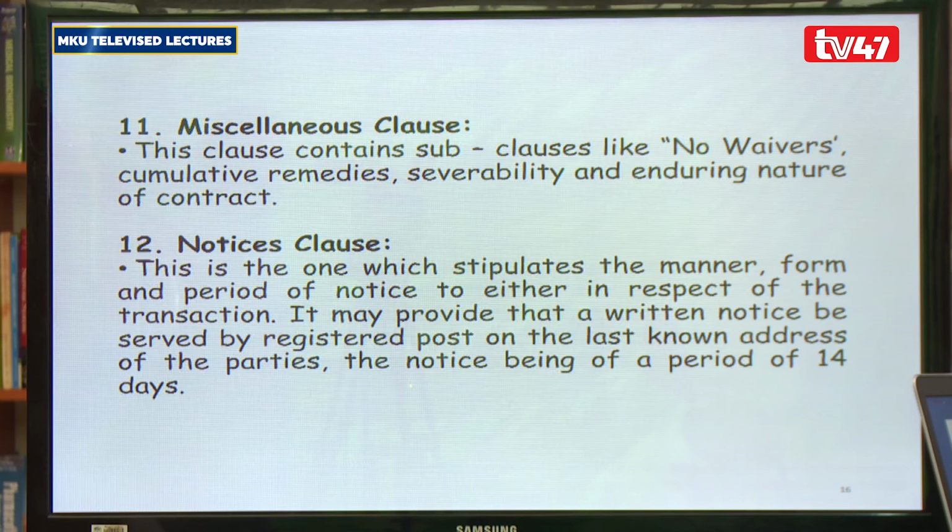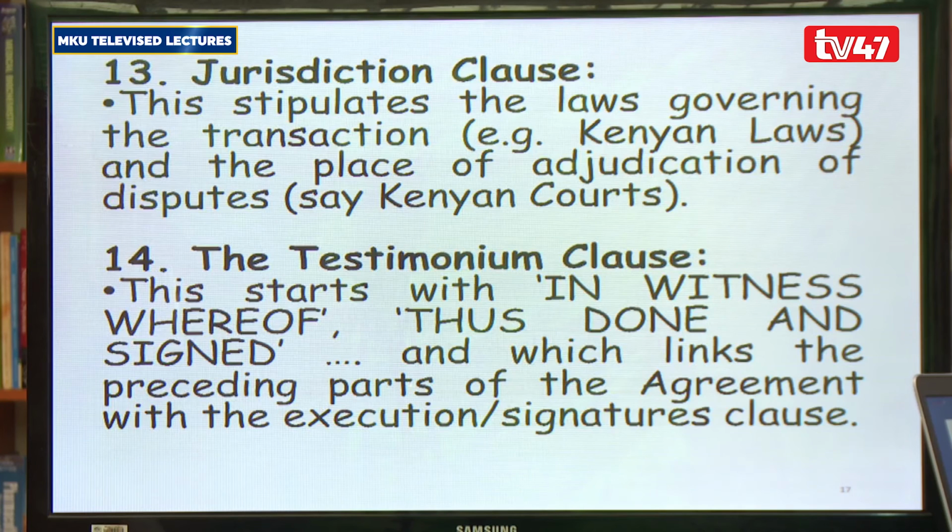For instance, you could agree on submission of notices physically, by emails, and so on. Jurisdiction clause, it's important to also have a clause stipulating the law that will be applicable and the courts that will have jurisdiction.